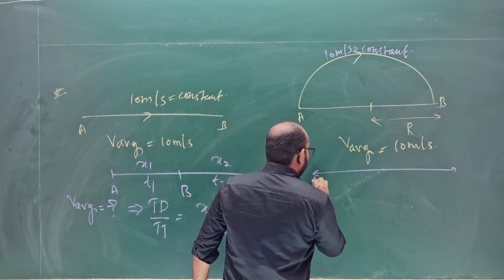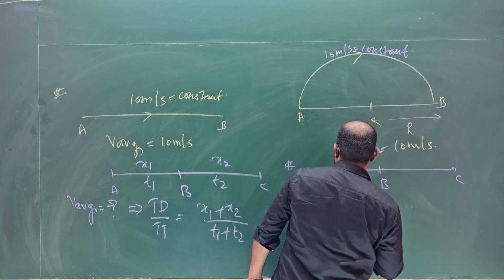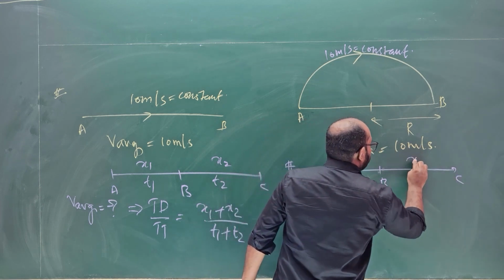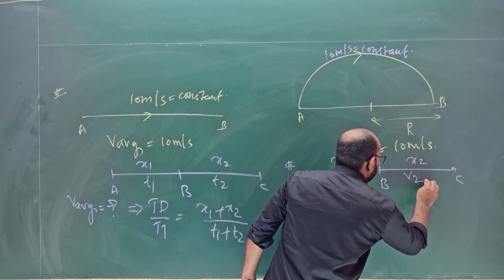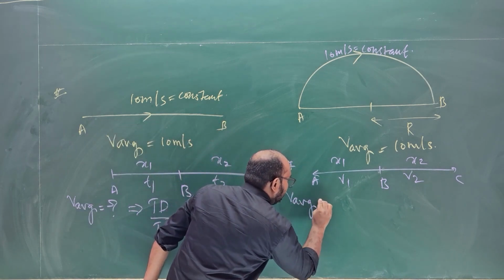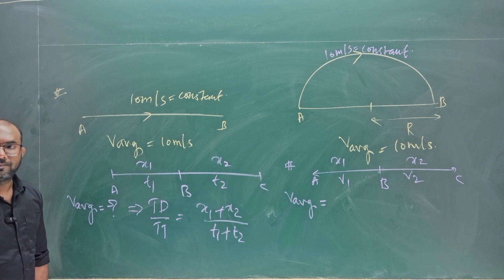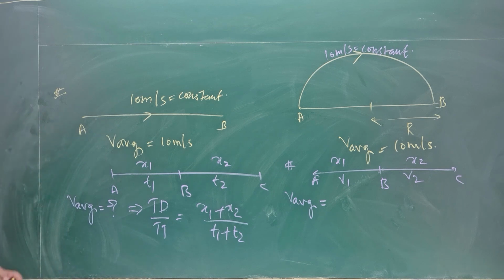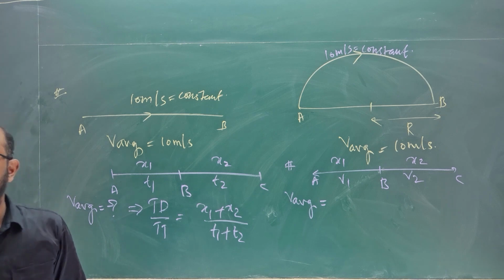Consider a body started from point A, B, C. This one is x1 and this one is x2, v1, this is v2. Tell me V average here. Try this answer first.